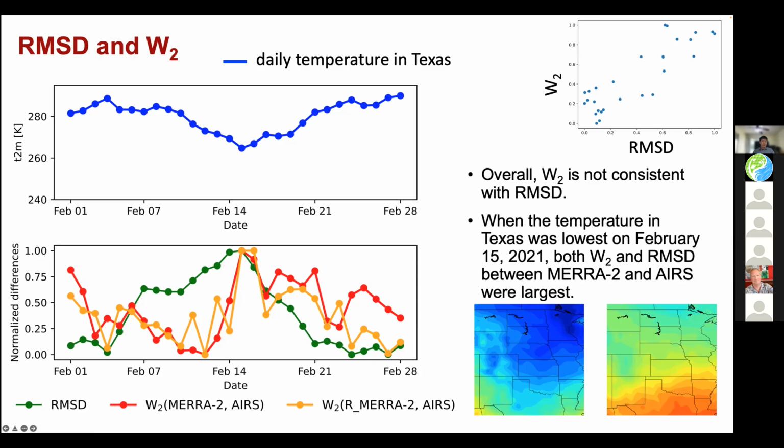The average temperature in Texas was lowest on February 15, and both RMSD and Wasserstein distance are largest on the same day, meaning that the difference of the temperature map from the climatology is largest. So at least there are some consistent parts, but there are some differences as you see here.